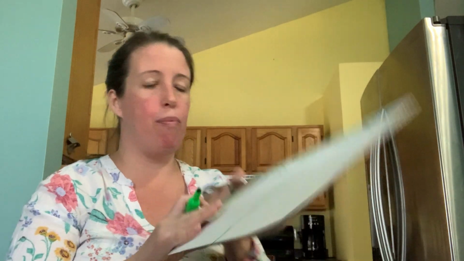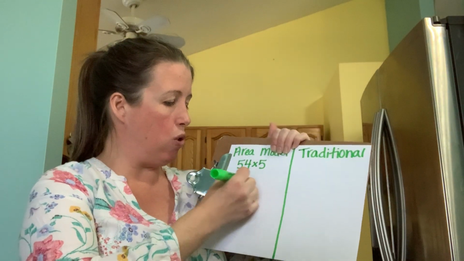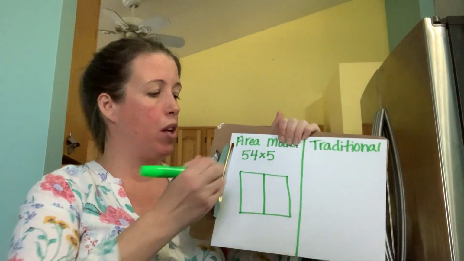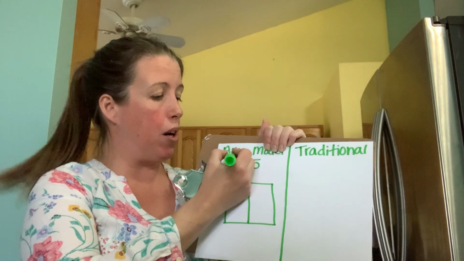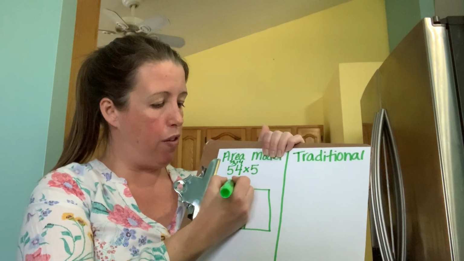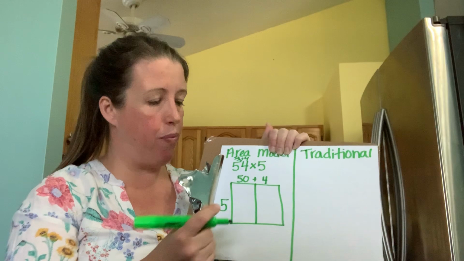So let's do 54 times 5, okay? So as area model, I have a 2-digit by a 1-digit. So 54, I'm gonna partition into 50 plus 4, and then I have 5 here.